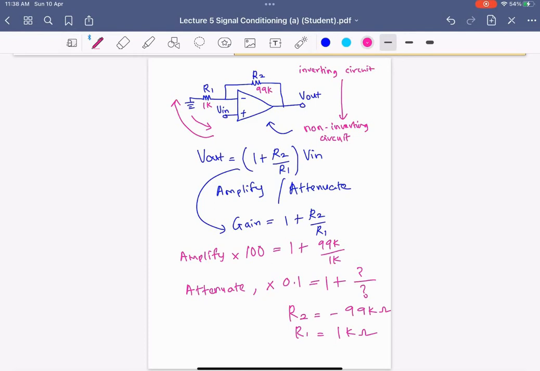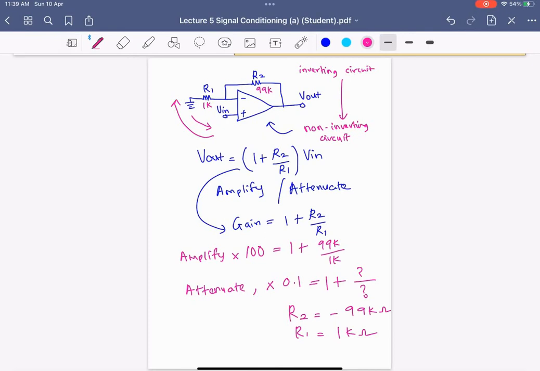That means we need to use a resistance value of minus 99k. Now you're asking me, but how do we make a negative resistance? Maybe after this you can go to the electronic shop, or email them, or chat with them: hi, I want a resistance with the value of negative 99 kilo ohm.